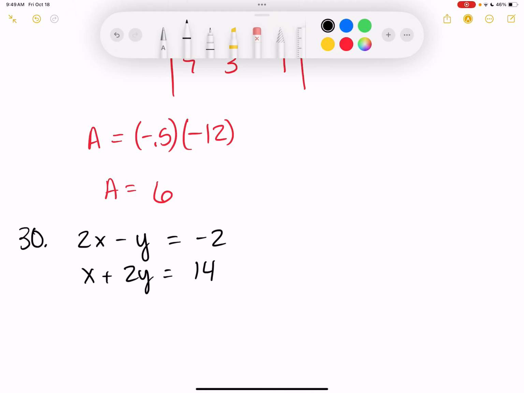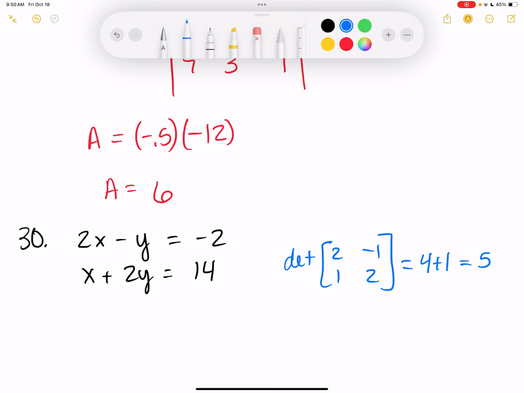So the first thing we need to do is to actually find the determinant of this square matrix right here. So the determinant of 2, -1, 1, 2 would be what? 5. Yep, 4 plus 1, so 5.